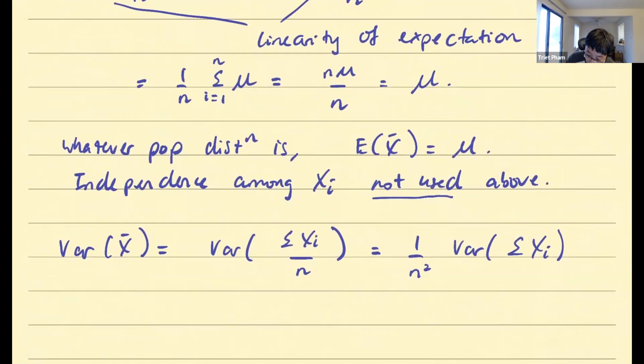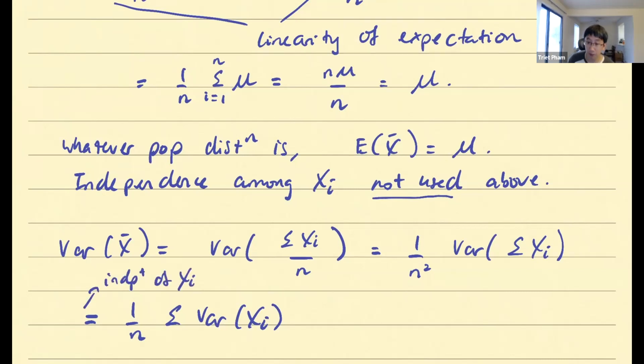Next, there's a property of the variance that we will quote like this. But this property heavily depends on the independence of the xi. If the xi are not independent, this step is completely wrong. So we use the independence here.